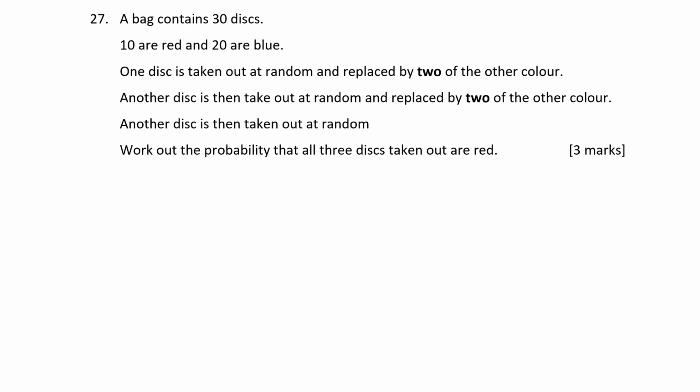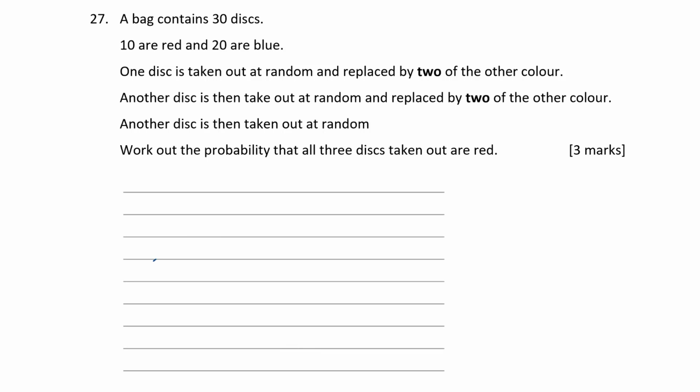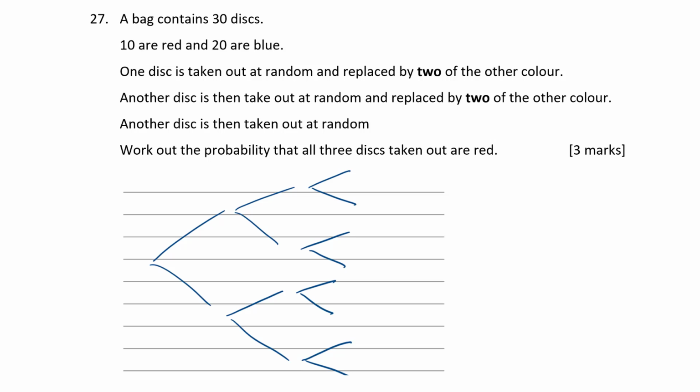Okay, so we're going to have quite a complex tree diagram here, aren't we? If I was going to draw this as a tree diagram, I'd have my first selection, second selection, third selection. Okay, so it's like a 3-level tree diagram.